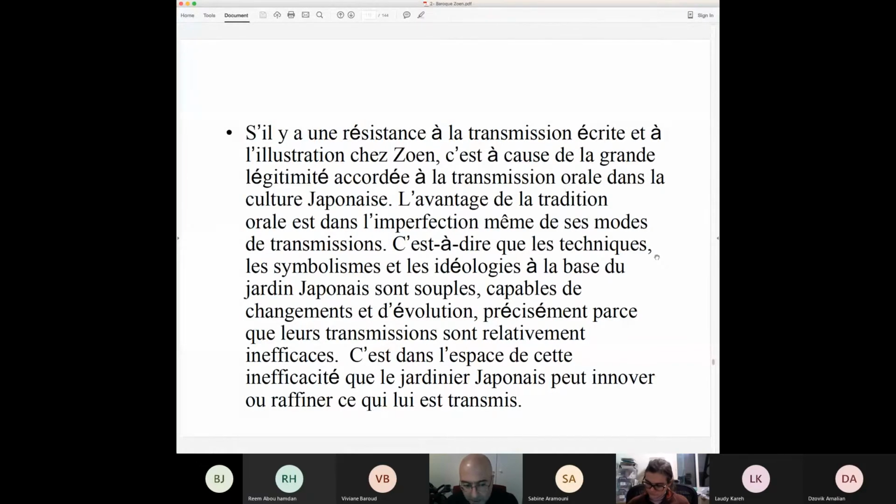And the resistance of Zoen to his own text, by the way, this is his own text, but he's resisting its written nature. He's insisting on the limitations of its written nature. It is, in fact, because of this great prestige, because of the great legitimacy given to oral transmission in Japanese culture.